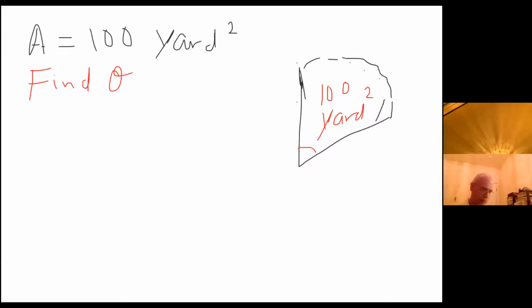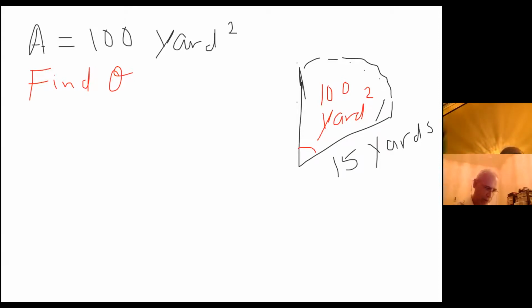Is there anything else given here? An engineer is asked to design a water sprinkler that will cover a field of 100 square yards that is shaped of a sector of a circle, of radius 15 yards. So this radius right here is 15 yards. Now that makes it easy.